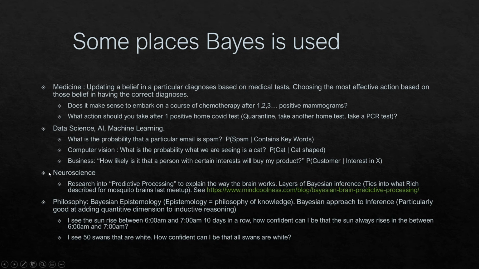And in business, especially e-commerce, Bayes theorem is used a lot. So kind of the proposition of how likely is it that a person with certain interests will buy my product, and you might decide to have an advertising campaign or spend some money on bringing that person in or letting them know more about your product based on the probability that they'll actually buy that product based on the interests they have.